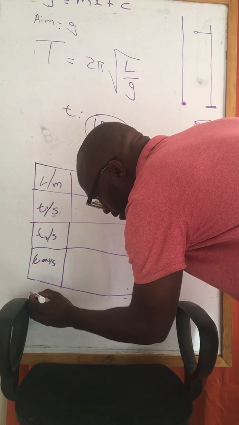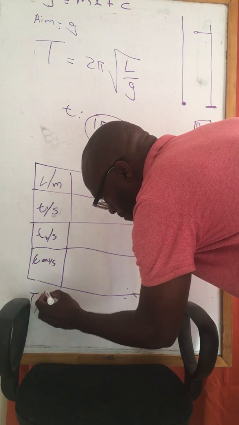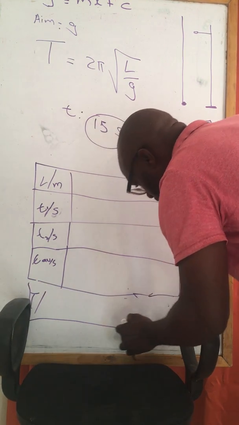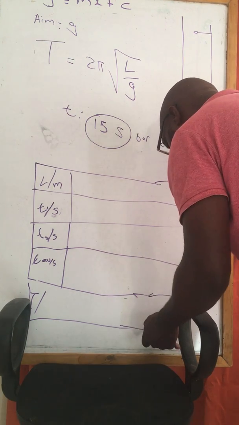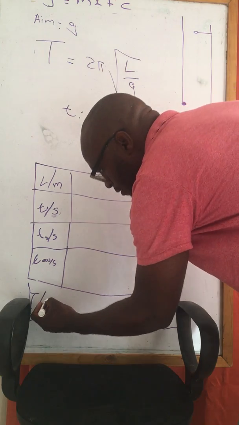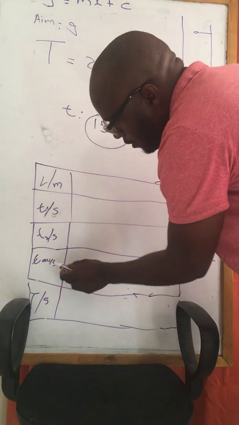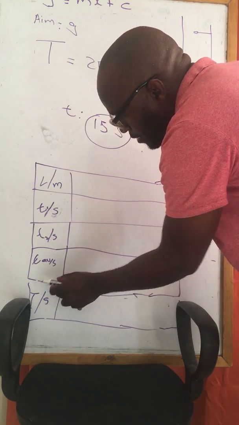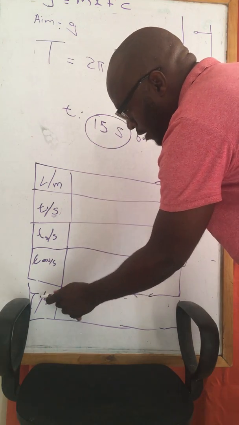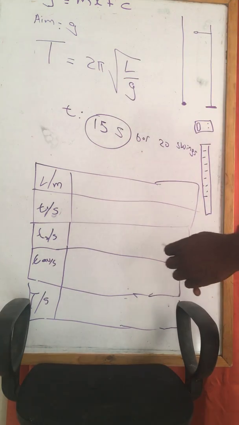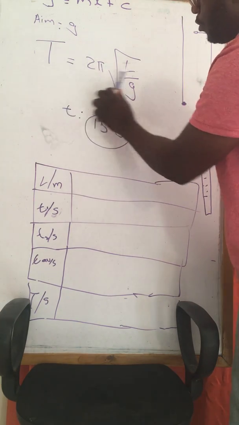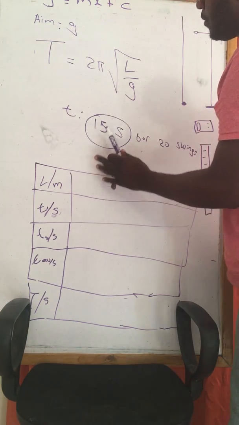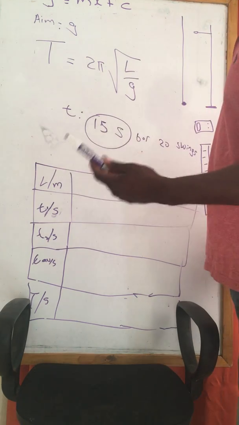And then now we get big T. So T average divided by 20 will give you big T. Obviously we need to capture this equation here in the table, in order for us to plot a suitable graph.